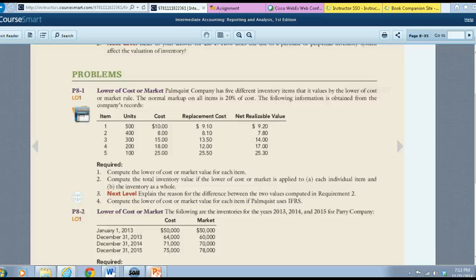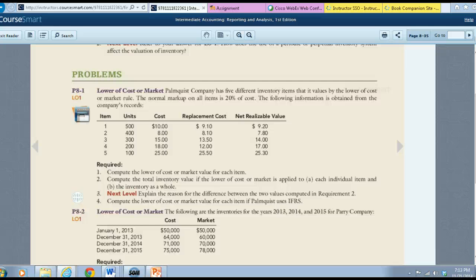So the first thing we want to do is compute the lower of cost or market for each item. So if we show here in item 1, cost is 10, the net realizable value is 920, and the replacement cost is 910.